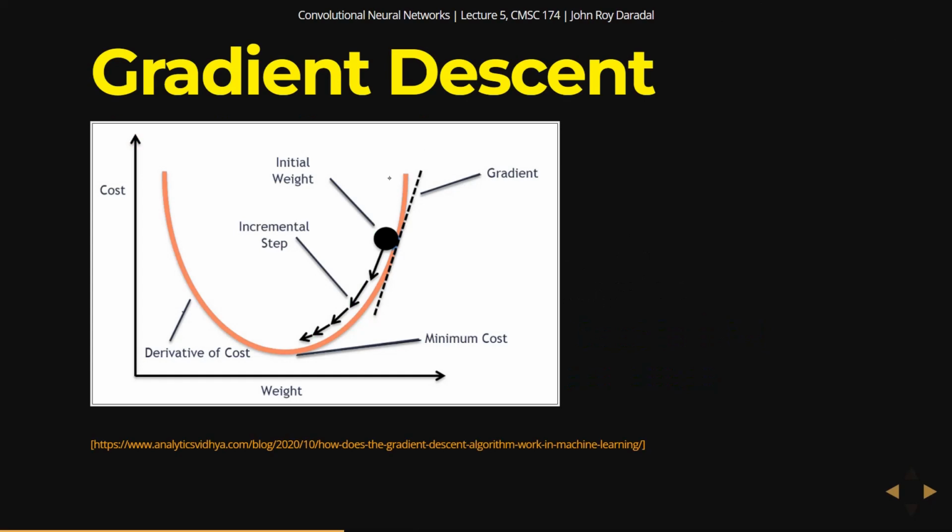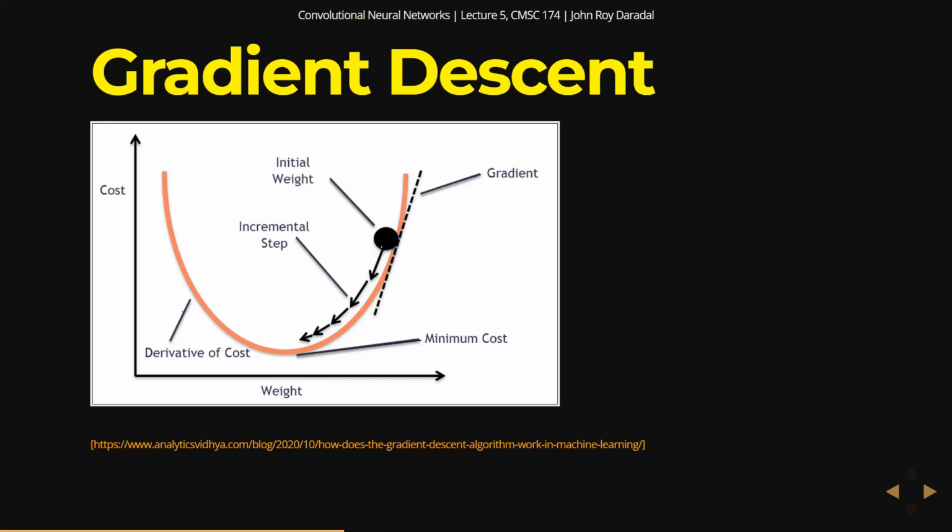So gradient descent will look a little something like this. Let's say that this is your initial weights. This is your model right now with the initial set of weights, and we adjust the model per iteration, right?